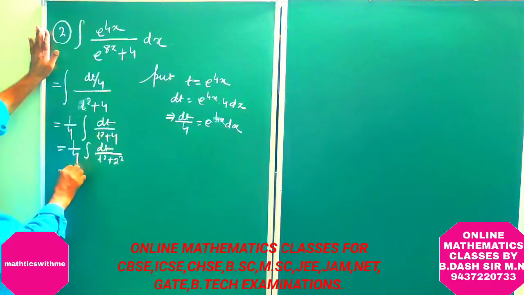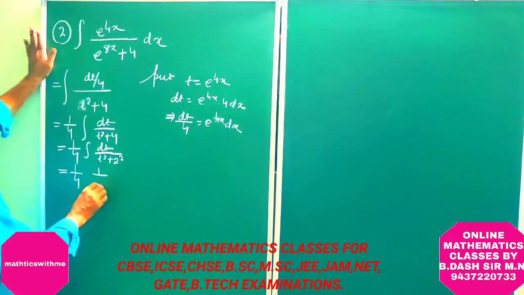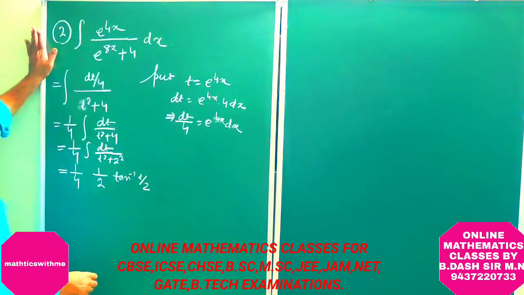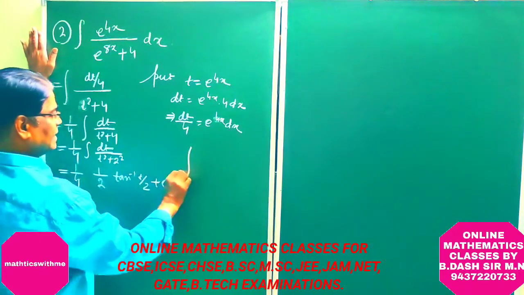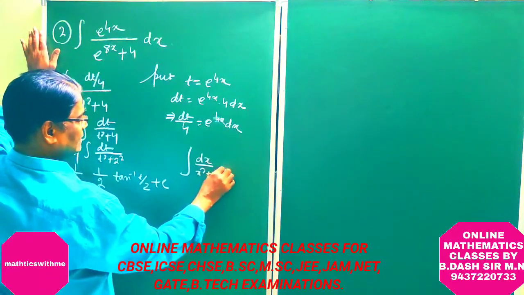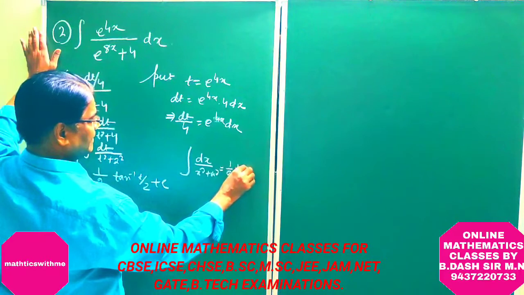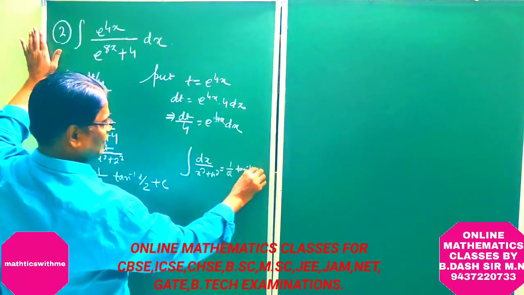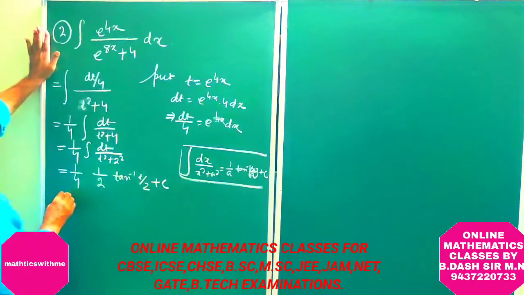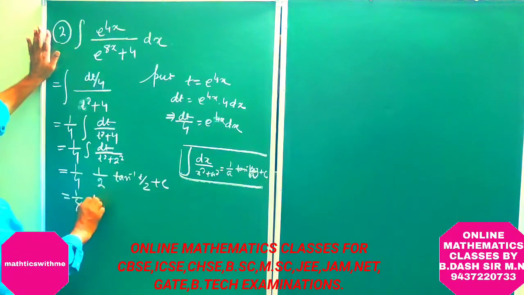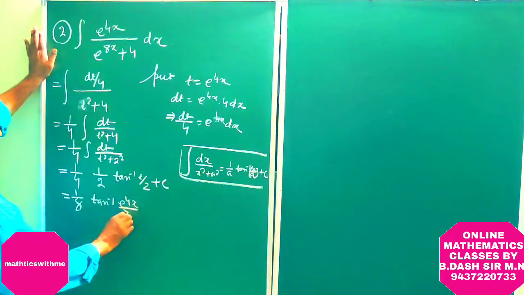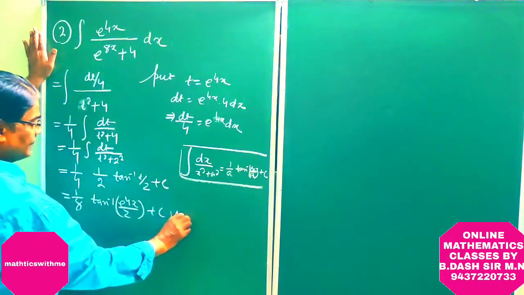So this is equal to 1 by 4 into 1 by 2 tan inverse t by 2 plus c, because integration of dx by x square plus a square is equal to 1 by a tan inverse x by a plus c. This is equal to 1 by 8 tan inverse e to the power 4x by 2 plus c, answer.